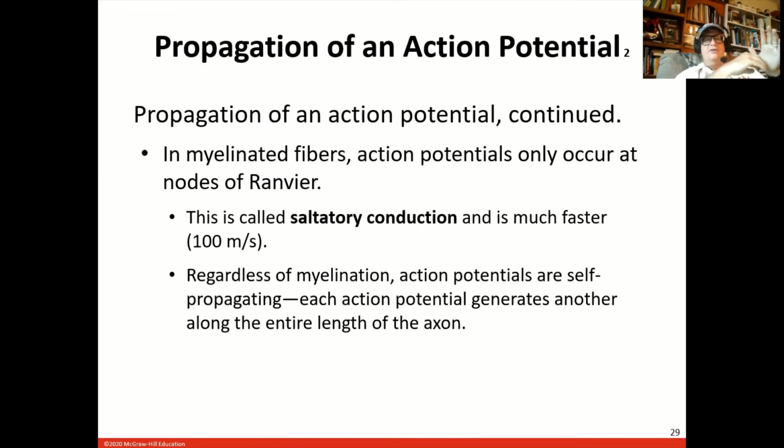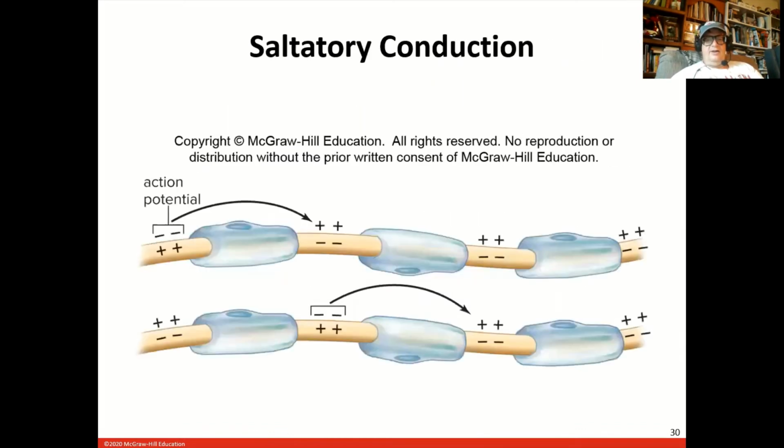So if you've got enough to start the signal, you'll have enough to start the signal here. And that one will create enough to start the signal at the next spot, which will make enough to start the signal at the next spot. That's why it goes down, it's self-propagating. That wouldn't be true if we couldn't pump our sodiums and potassiums to where they need to be at rest.